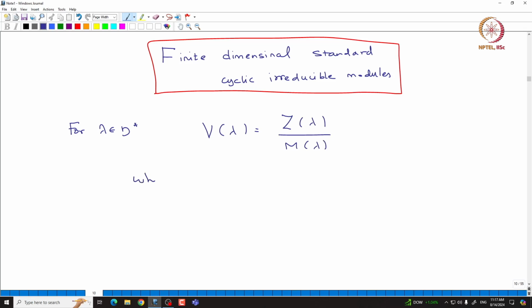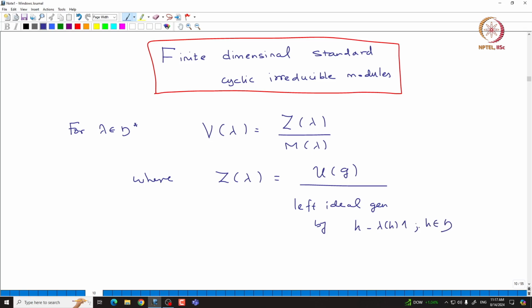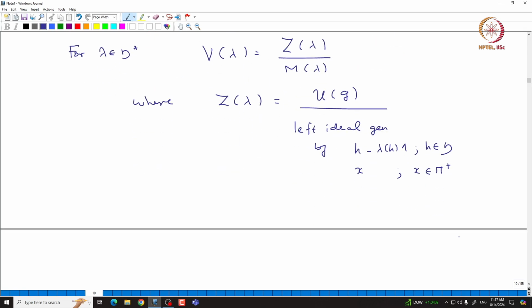Here Z of lambda is the Verma module, defined by taking U(G) and then the left ideal generated by the following elements: H minus lambda of H times 1, where H comes from H, and X, where X comes from N plus. Now what is M of lambda?